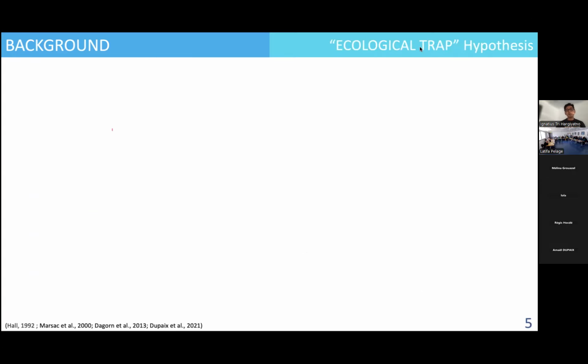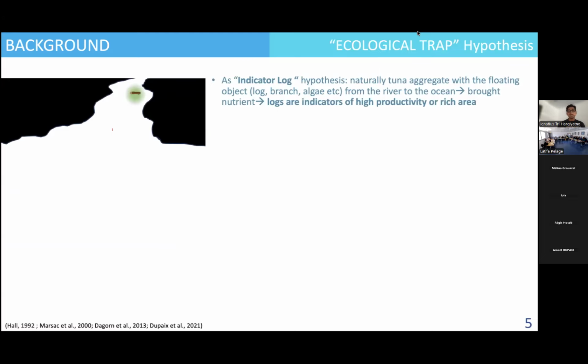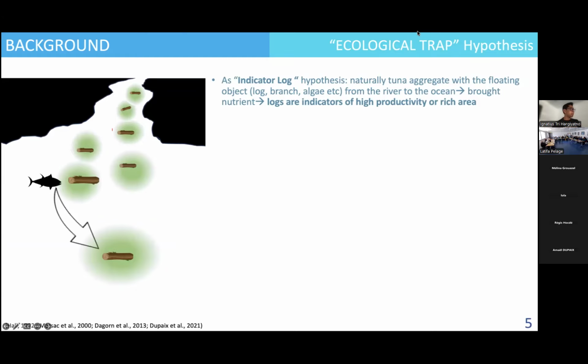Some explanation about the ecological trap hypothesis. As in the indicator-log hypothesis, naturally tuna aggregate with floating objects like logs, branches, algae, etc. from the river to the ocean that carry some nutrients, and then logs are indicators of a high productivity or rich area.